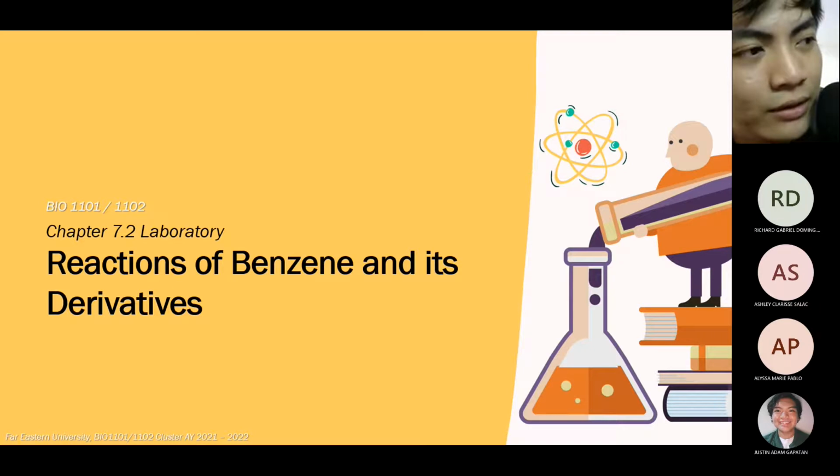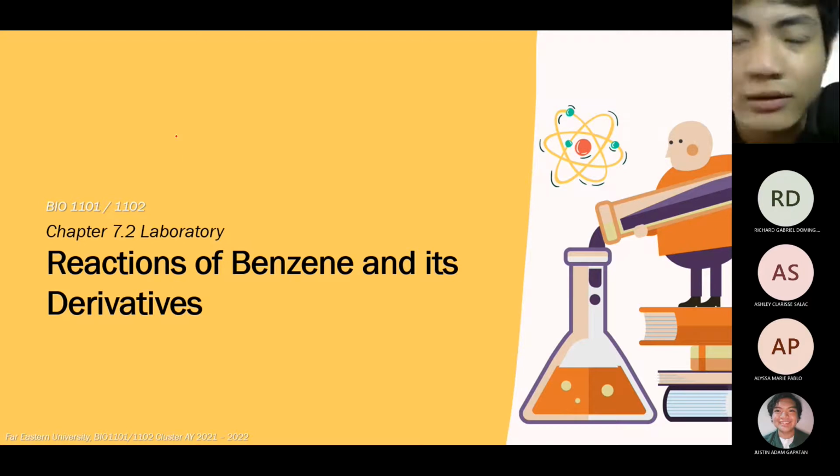So today, what we're going to do is focus on the reactions of benzene. Again, as I said earlier, there's plenty of them. However, just for simplicity, we will just cover the basics. Pero super dami nito as in. But for now, let's just focus on the basics.